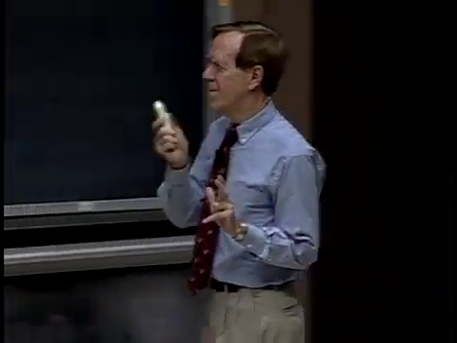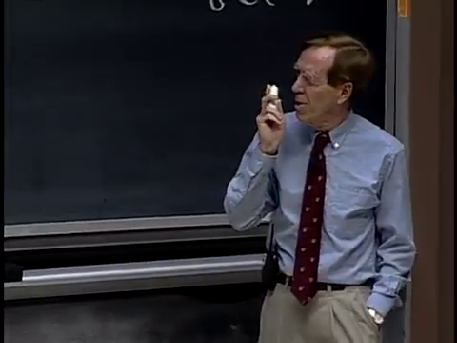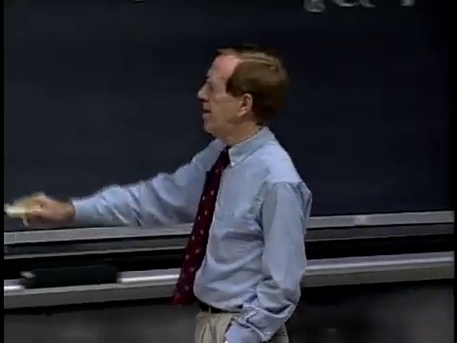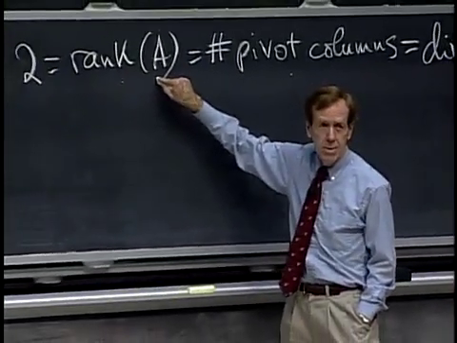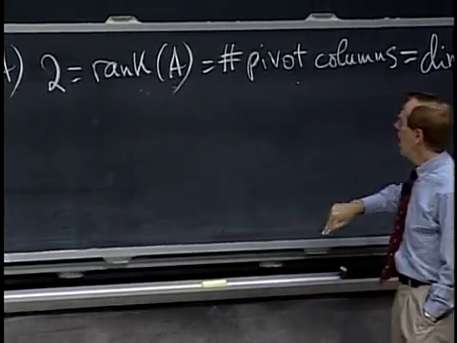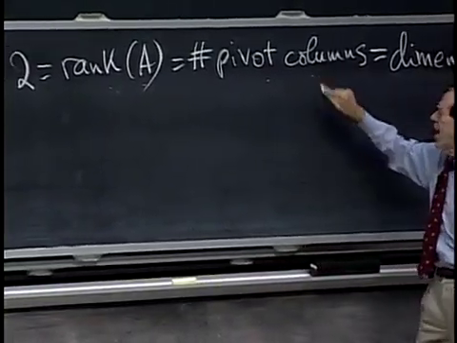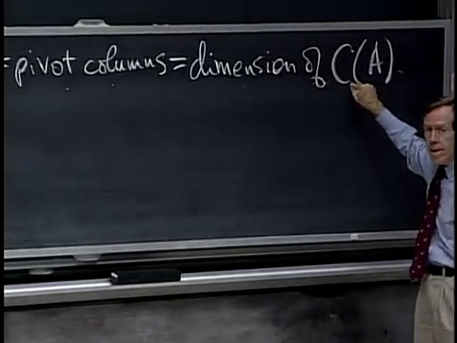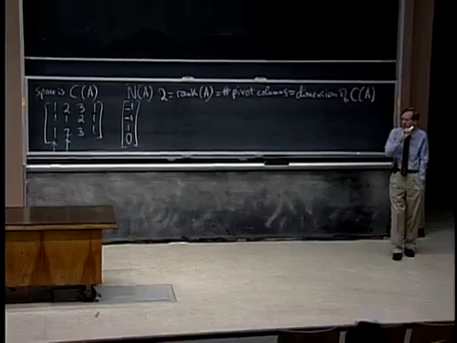Right. But look for one moment at the language, the way the English words get involved here. I take the rank of a matrix. The rank of a matrix is a number of columns, and it's the dimension of, not the dimension of the matrix, that's what I want to say.